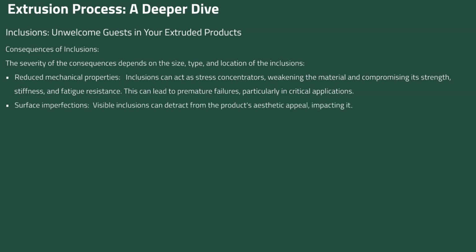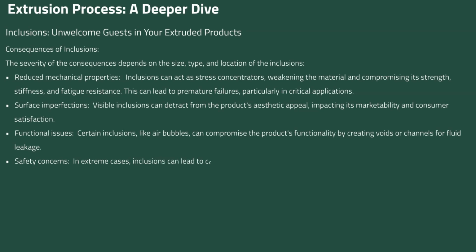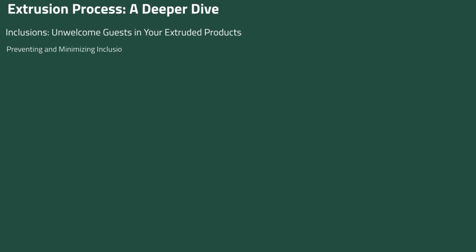Visible inclusions can detract from the product's aesthetic appeal, impacting its marketability and consumer satisfaction. Functional issues. Certain inclusions, like air bubbles, can compromise the product's functionality by creating voids or channels for fluid leakage. Safety concerns. In extreme cases, inclusions can lead to catastrophic failures if they compromise the product's structural integrity or introduce potential ignition points.